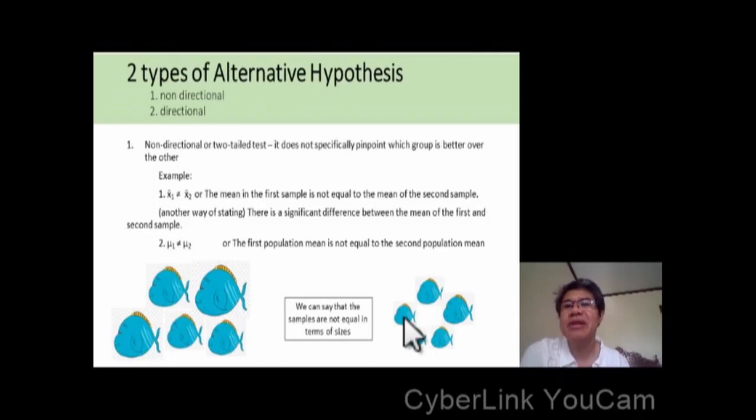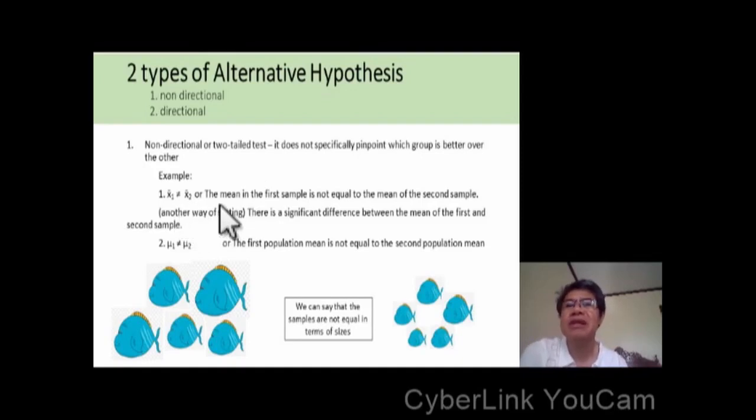Now, there are two types of alternative hypothesis. The first one is non-directional and the other is directional. When we say non-directional or two-tailed test, it does not specifically pinpoint which group is better over the other. For example, it would just say that mean sub 1 is not equal to mean sub 2.